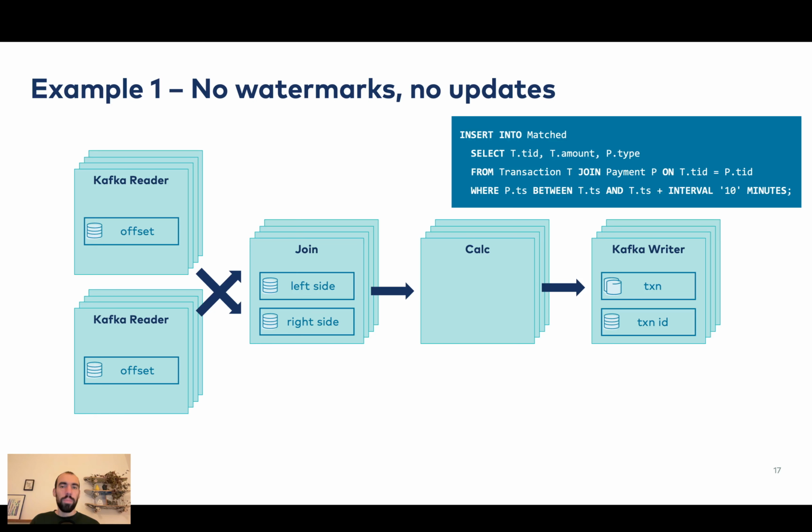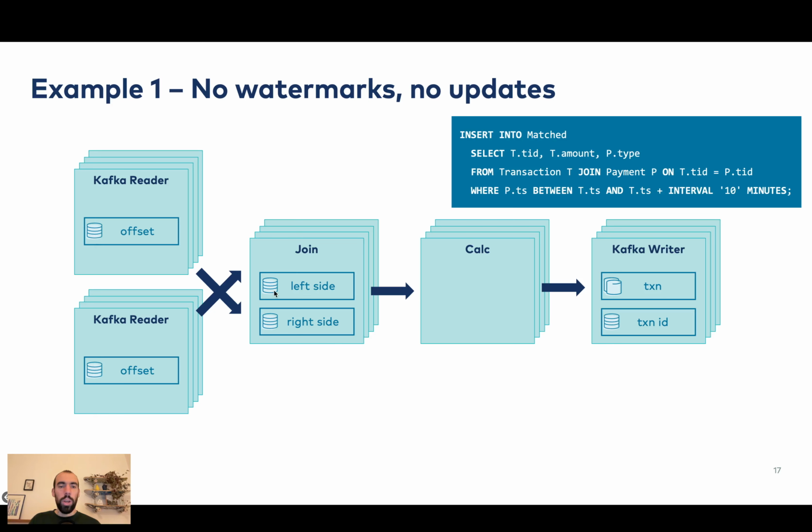If you remember my talk about what is a stream processor or what is stream processing, we talked about the primitives for stream processing, and here you can really see how the primitives for stream processing are used in reality. So for example, there is a Kafka reader or two Kafka readers, because we are reading from two Kafka topics. And like the offset is stored in state.